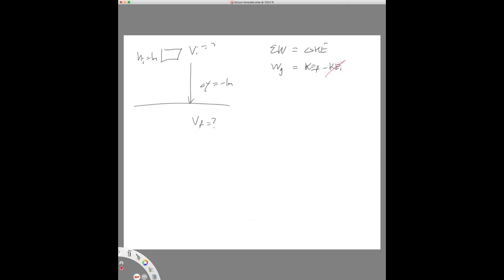But like before, there's no initial kinetic energy. Work done by gravity, we can now write just minus mg delta y. And here we have 1/2 m v final squared. So our masses cancel out, and v final squared will be minus 2g delta y, and we'd have the square root of minus 2 times 9.8 times minus 1, and we get 4.43 meters per second.